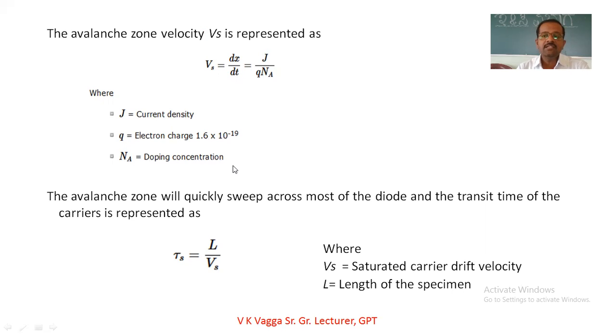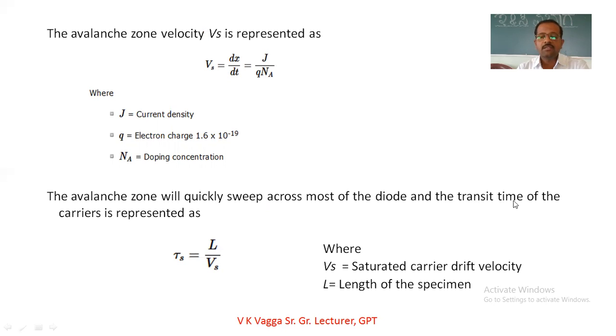It is indicating how much amount of the dopant has been added to the original tetravalent element, either silicon or GaAs. Okay, and the avalanche zone is going to quickly sweep across most of the diode obviously.